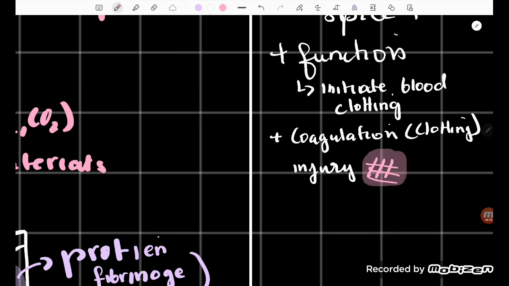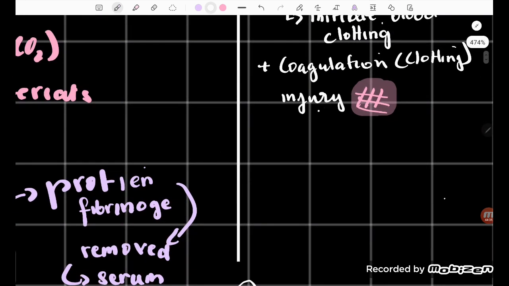When there is an injury, there is release of thrombokinase, also called thromboplastin.